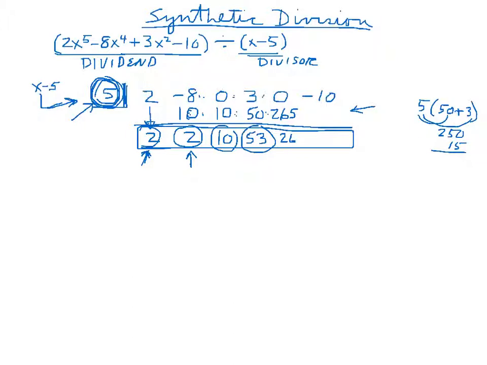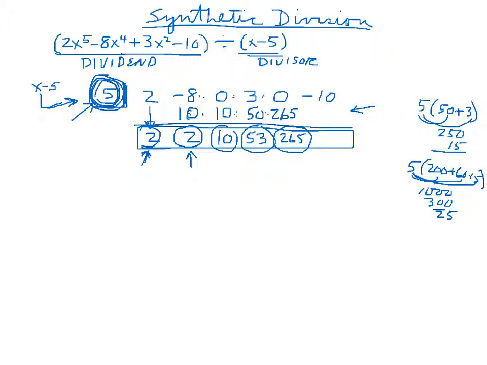That's 265. Then 265 times 5, that's going to be 5 times 265. 5 times 200 is 1,000. 5 times 60 is 300. 5 times 5 is 25.